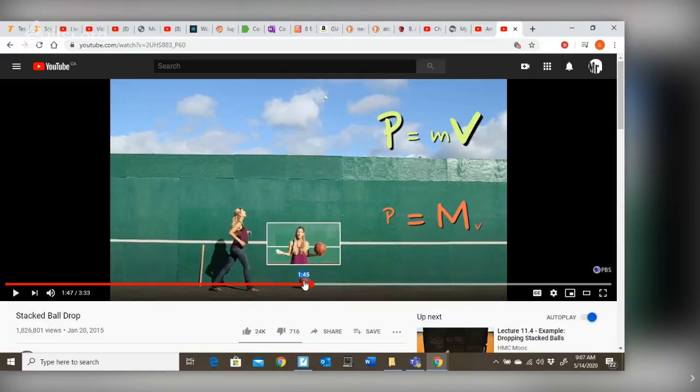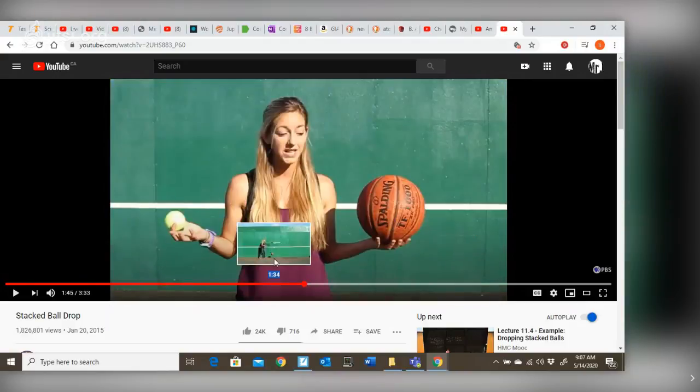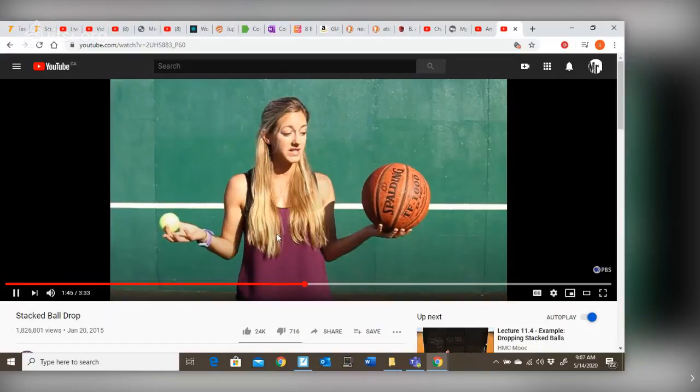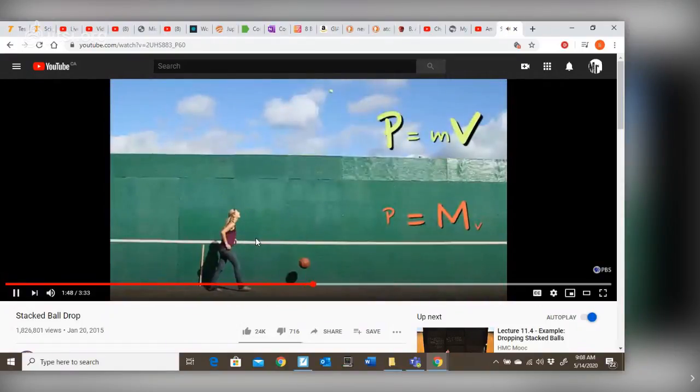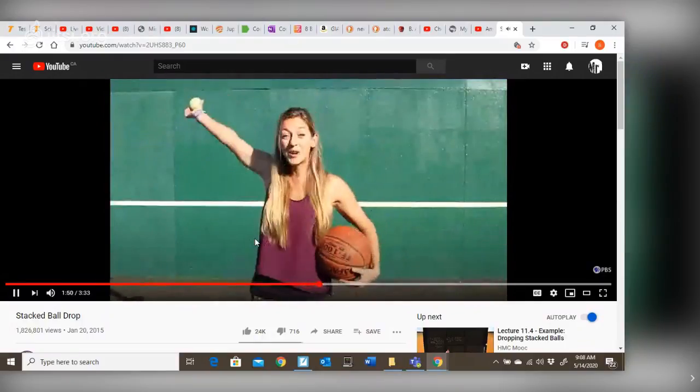So in this case, the basketball with the larger mass is colliding with the tennis ball. The basketball is moving upwards while the tennis ball in essence is moving downwards, and we get that transfer of momentum that sends the tennis ball way up into the air.